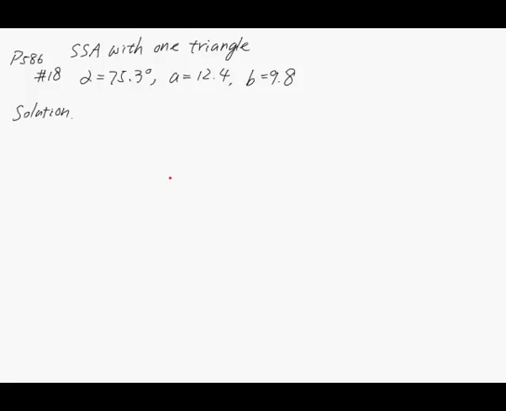So first, let's sketch this triangle. We have the angle first, alpha, and this is alpha, 75.3 degrees. And then you have A, the length of the side opposite this angle alpha. So this is A, 12.4. Then you have B here, equal to 9.8.